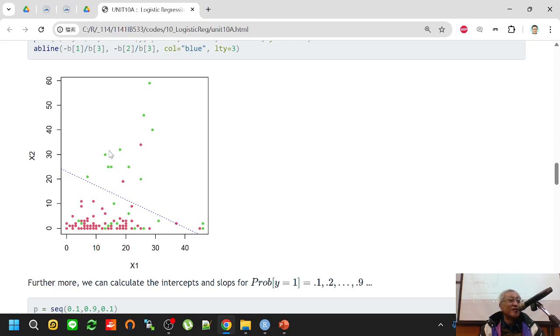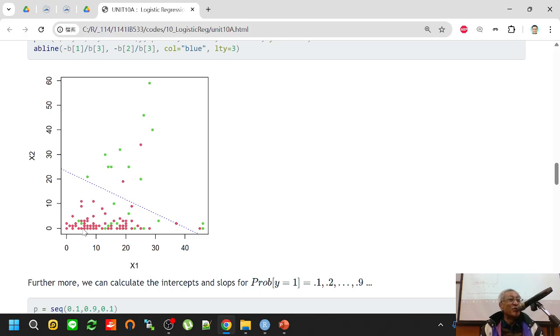All of these points have a predicted probability higher than 0.5. If the predicted probability is higher than 0.5, we predict it as 1, or positive. And when it is lower than 0.5, we predict it as 0, traditionally.